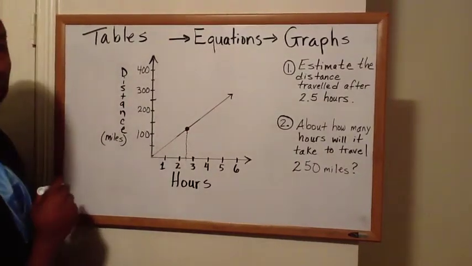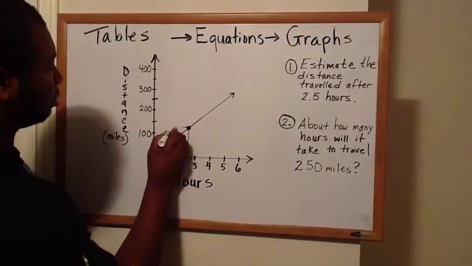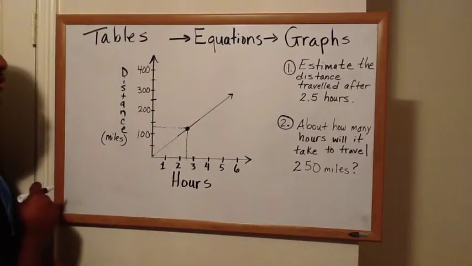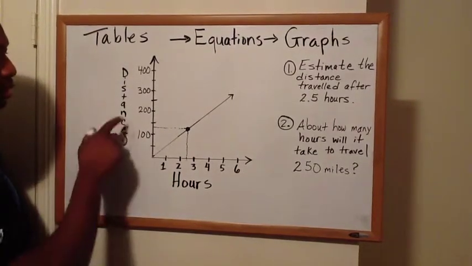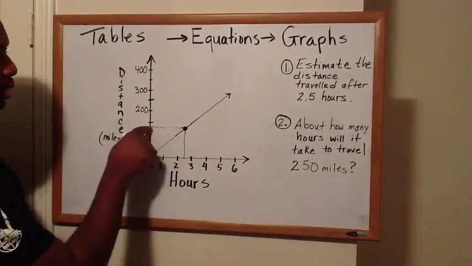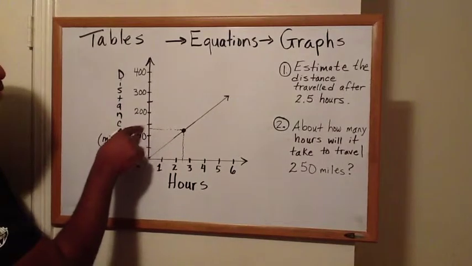Intersects it at that point. Then I'm going to line it up with the y-axis, the distance. So 2.5 hours corresponds to between 100 and 150 miles.